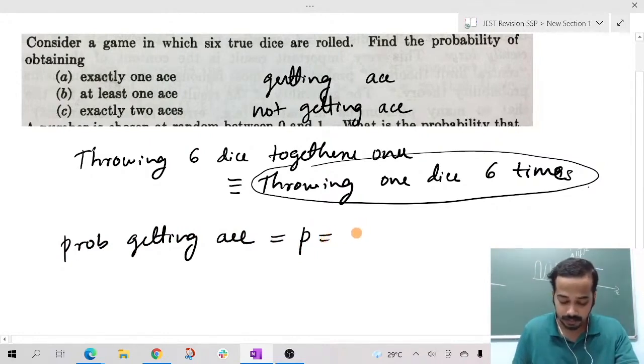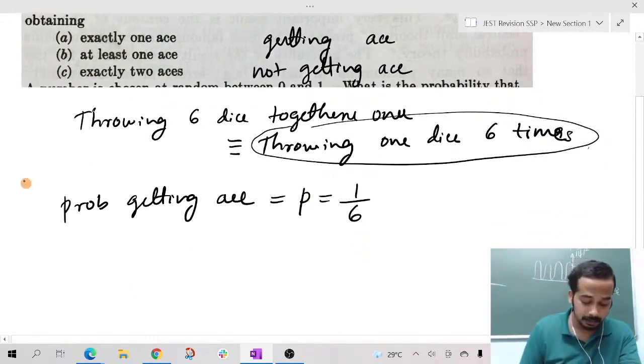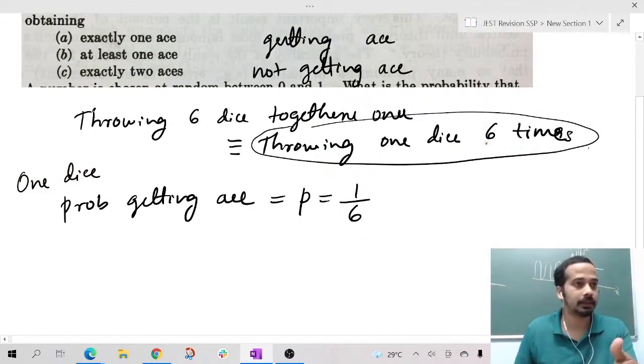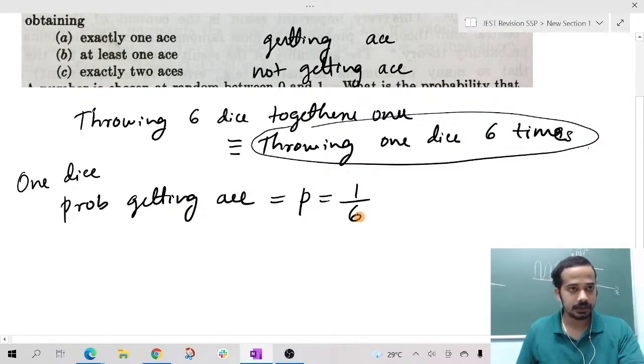That's equal to 1/6, if you throw one dice. I'm talking about one dice. Later I'm going to throw that one 6 times and get the required probability. Probability of getting ace when you throw one dice one time is 1/6.